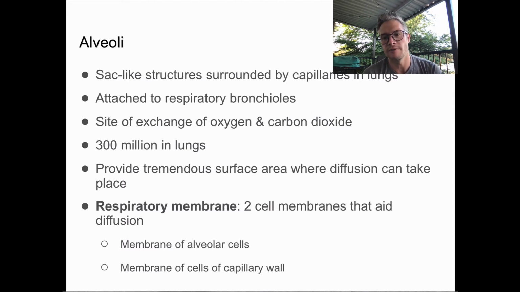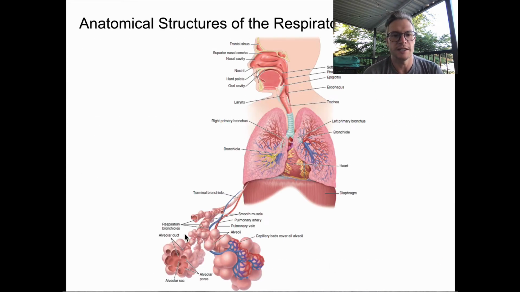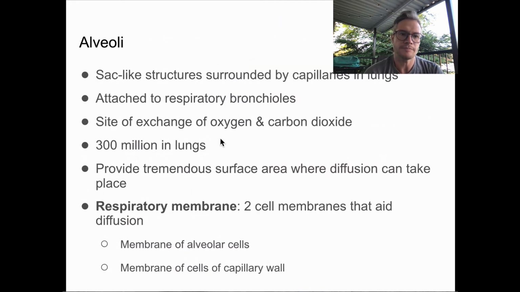So alveoli, if you remember, are these sac-like bundles of tissue at the very terminal branches of our respiratory system, and they're attached to the bronchioles, and that is exactly where the site of what we'll say gas exchange occurs, right? So it's where oxygen and carbon dioxide either enter our blood or exit our blood into the air.